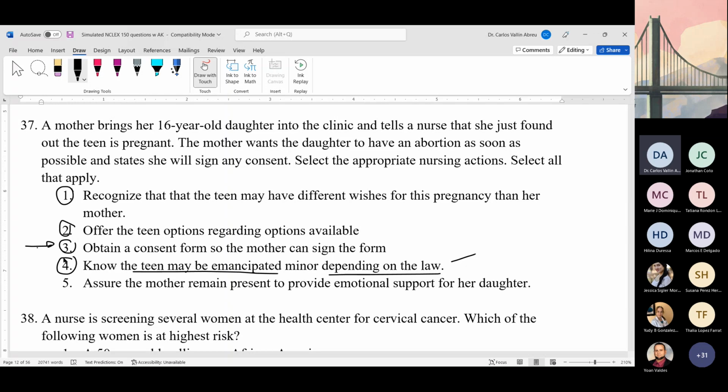I don't see the problem there. Do you understand this option? Be sure that the mother is there to provide support. Ensure makes a little more sense. So there is no problem in that, I think.